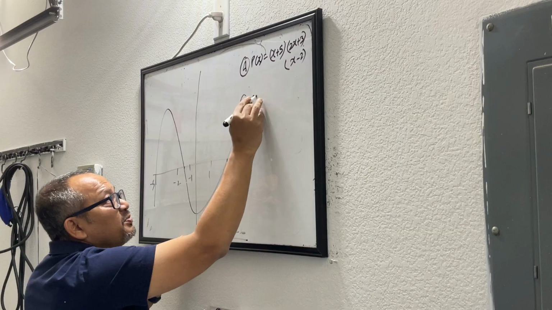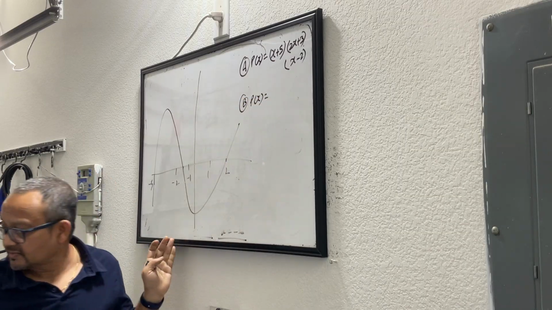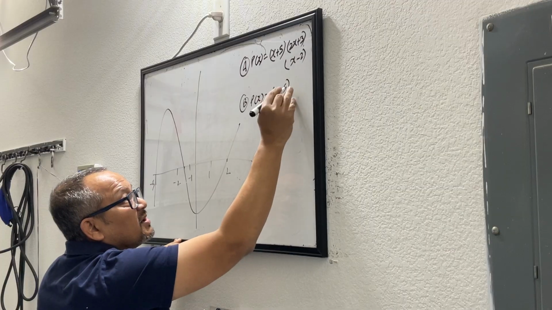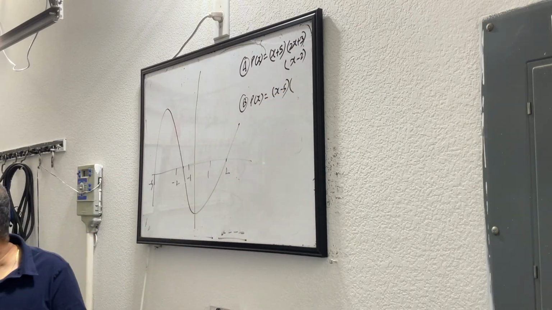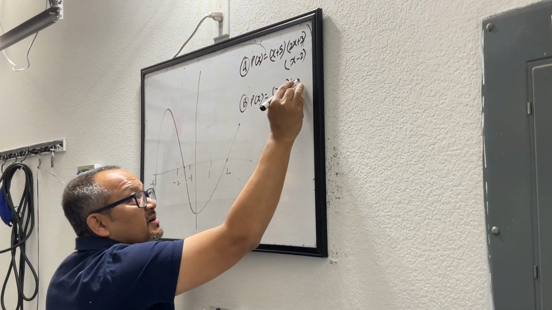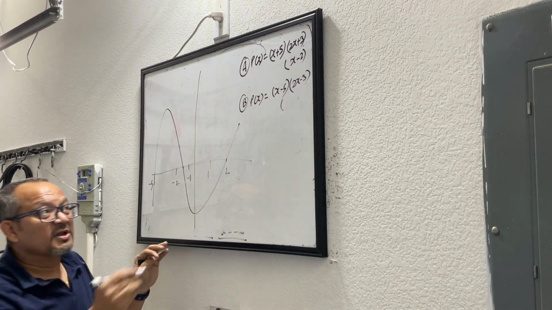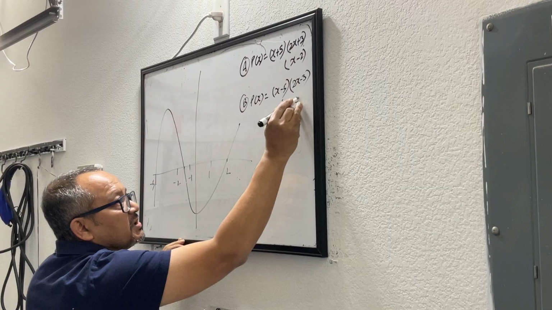Option B is P of x equals x minus 5 into 2x minus 3 times x plus 2. This is the second option.